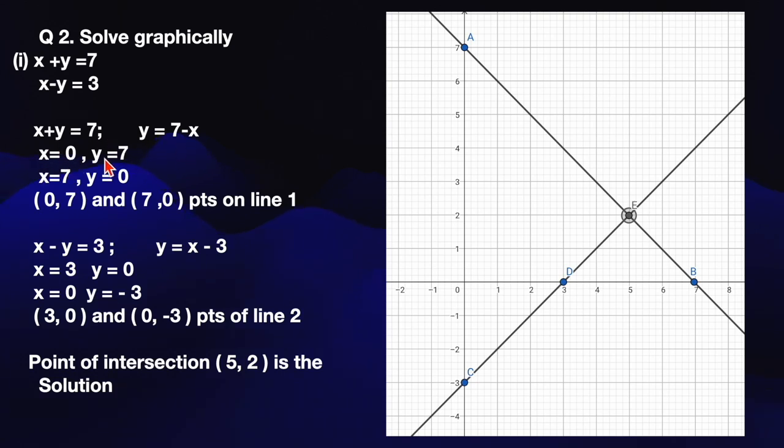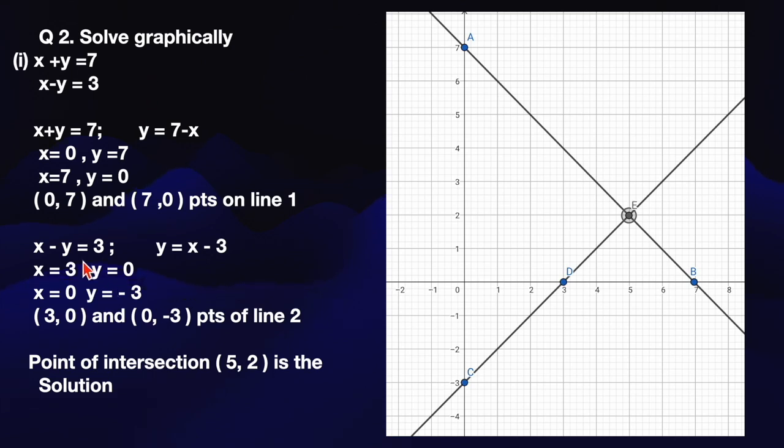Put x is equal to 0, you get y is equal to 7. And put x is equal to 7 here, you get y is equal to 0. Very two simple points I am going to take. Okay, and these are the 2 points. This is 7, 0 and this is 0, 7. You draw this line. This line is the first line, x plus y is equal to 7.